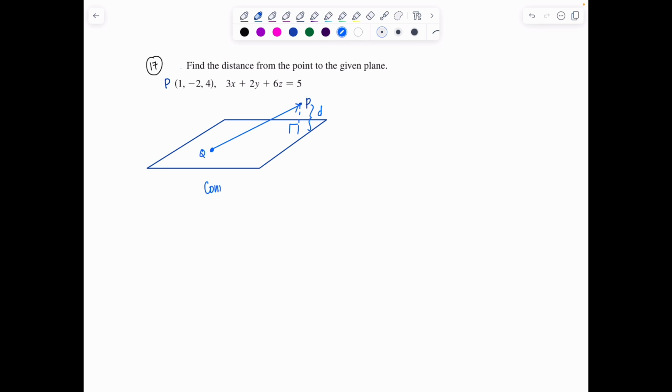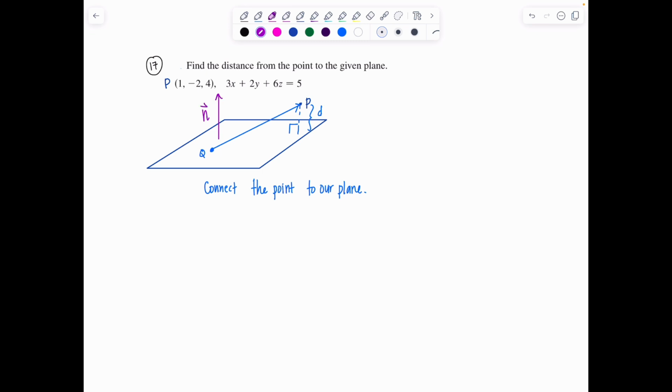So connect the point to our plane. Then what I need to do is take that vector, QP or whatever, and find its scalar projection along the normal vector to our plane.